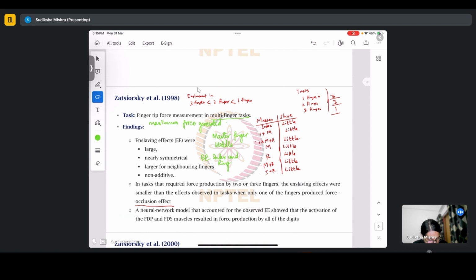The enslaving effect for index and ring fingers will be far greater than for the little finger. These are non-additive, so there is some sort of synergism involved.